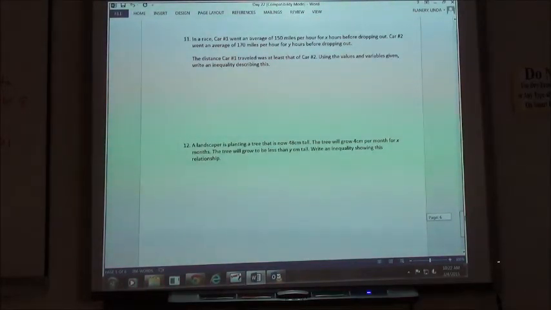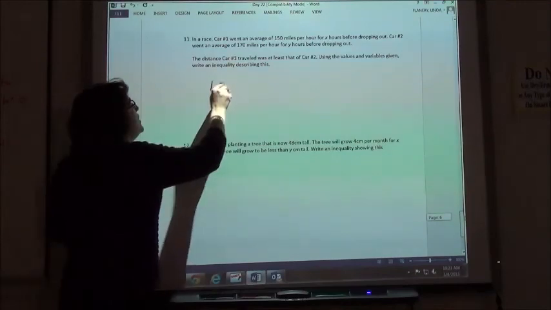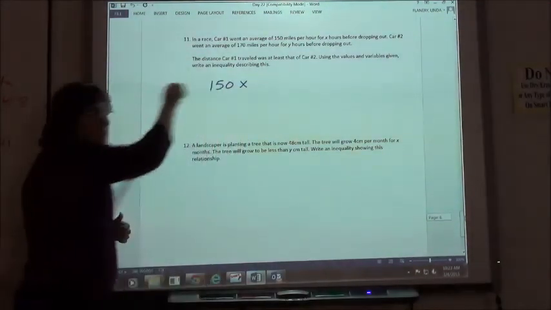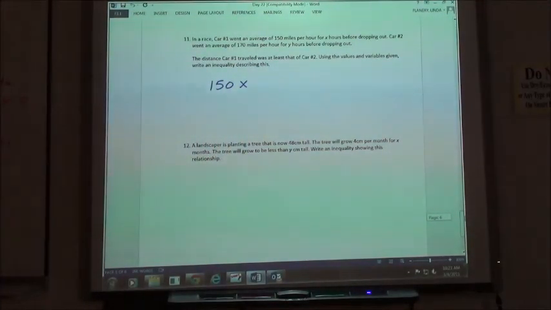What's it tell me about car 1? 150. Now if I'm going 150 miles an hour for X hours, how do I find the distance? You multiply them. So 150 times X would just be 150X. That's going to be the distance the first car went. Rate times time equals distance.